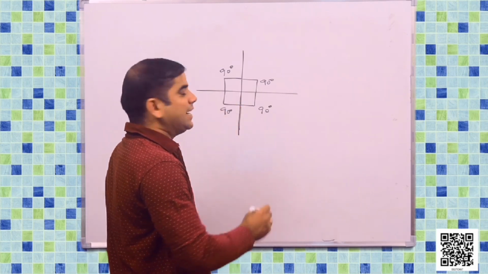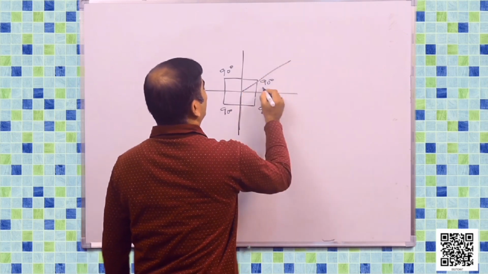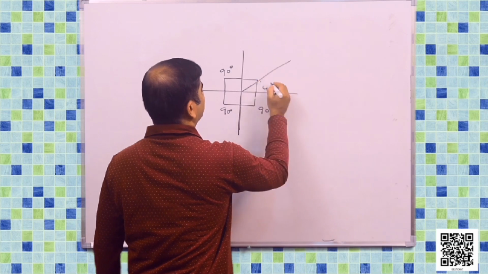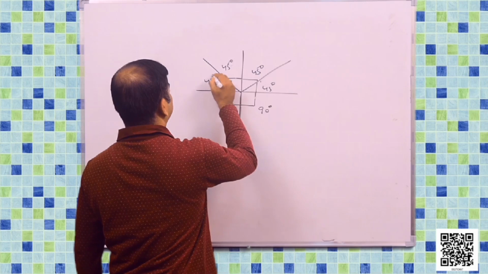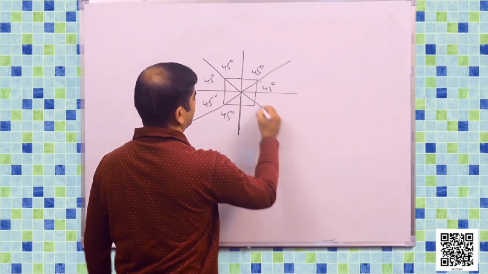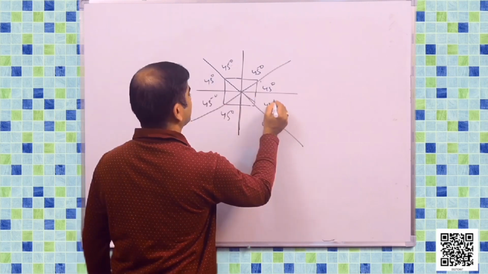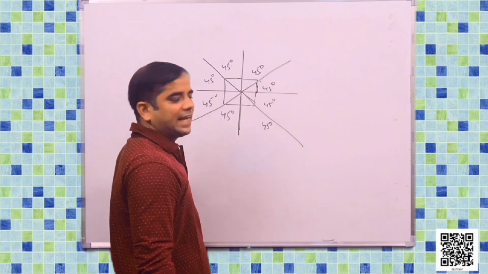Again, if I equally divide each quarter, we will get 45 degree each. Okay, so this angle is 45 degree.